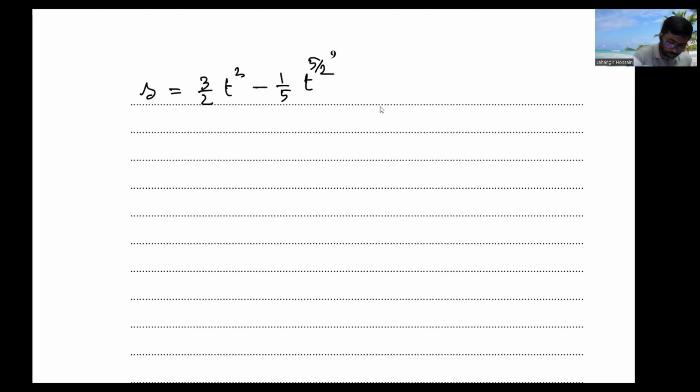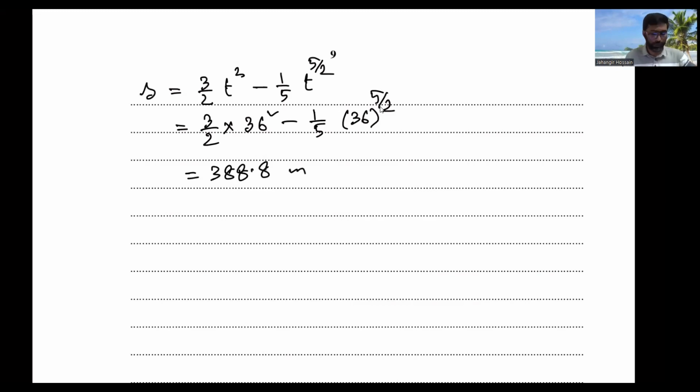So substitute t equals 36 here. So 3 by 2 into 36 squared, and that's 388.8 meters.